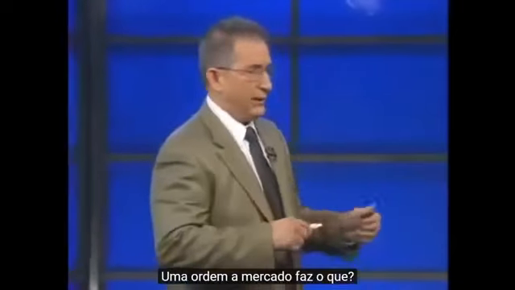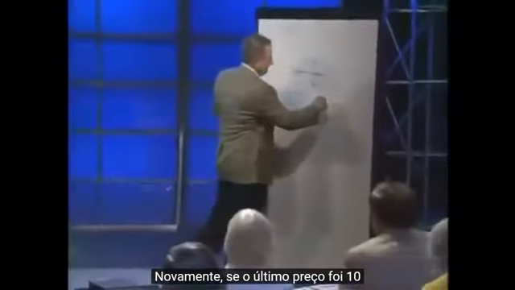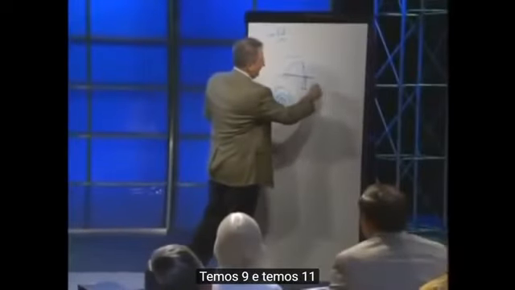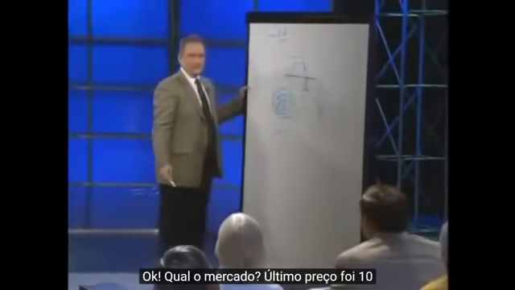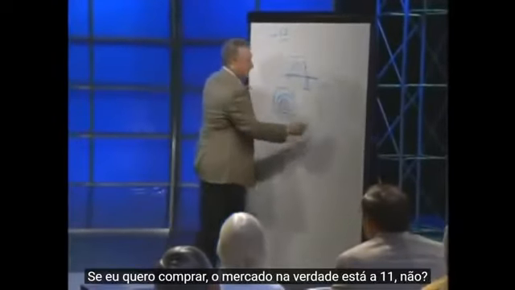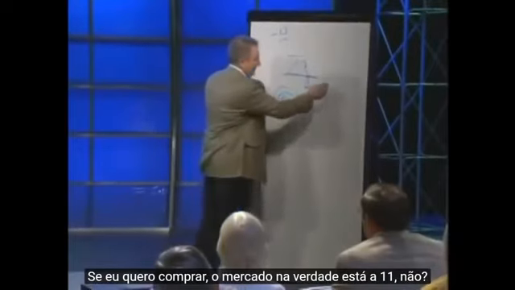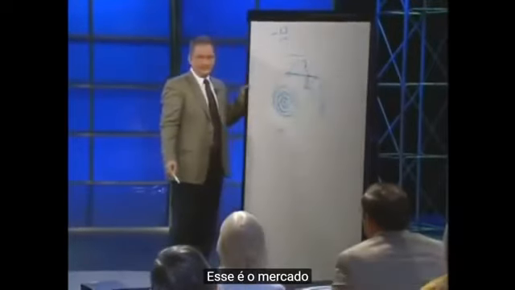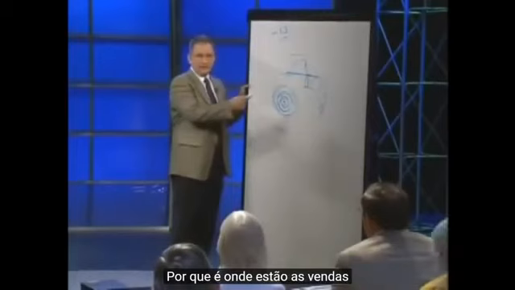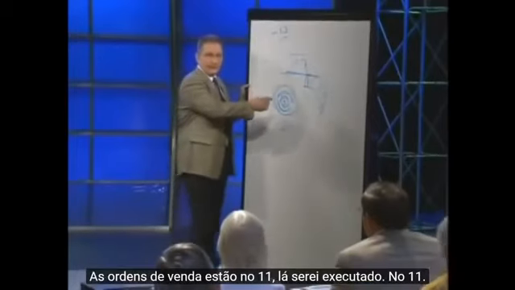Because a market order does what? If the last price is 10, we've got 9 and 11. If I want to buy, the market's actually 11, isn't it? That's the market, because that's where the offers are. The offers are at 11, so that's where I'm going to get filled.